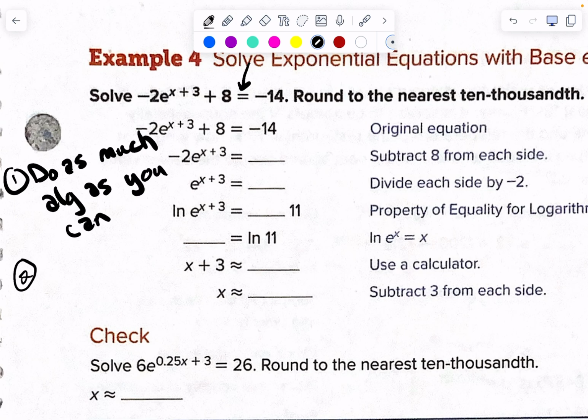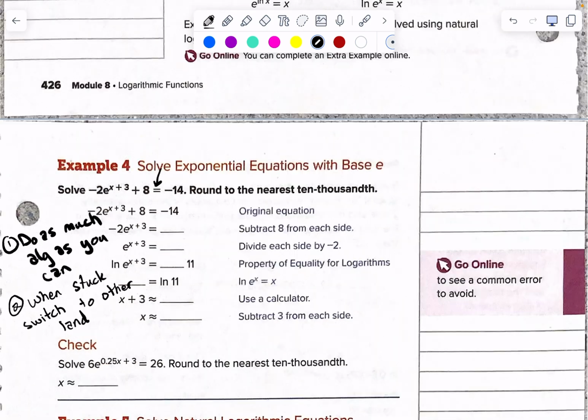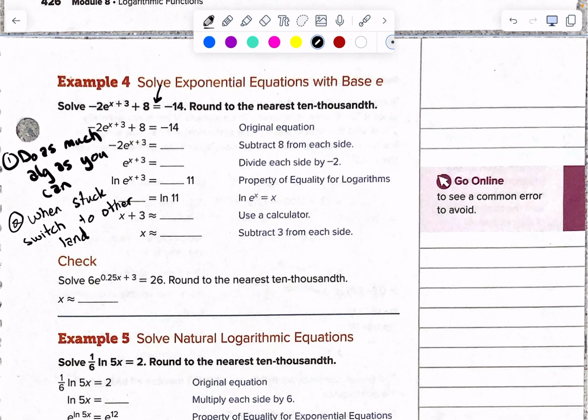Step 2, when you are stuck, switch to other land. So if you are a log function, you're going to switch to an exponential function. If you're an exponential function, you're going to switch to a log function. I'm going to rewrite this over here: -2 e to the x plus 3, plus 8 equals -14.